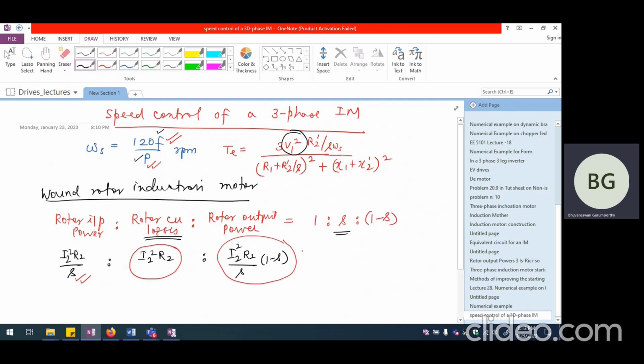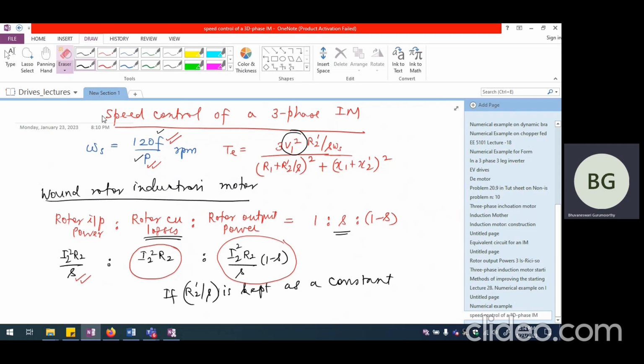So if R2 dash by S is kept as a constant, which is actually going to make the rotor input power a constant.